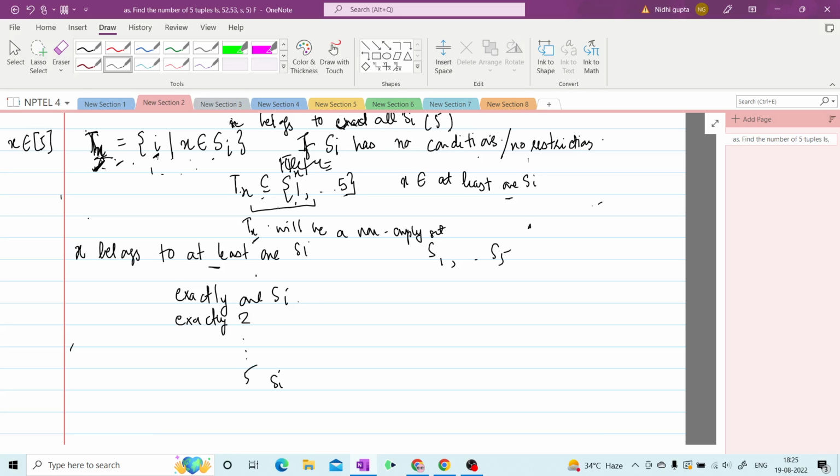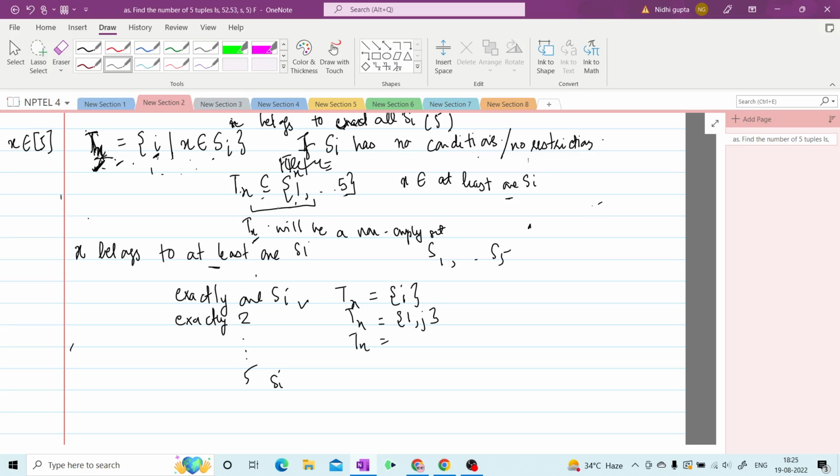If it is belonging to exactly one Si, then what is our Tx? Tx is basically i, that index. Now, if it is belonging to exactly two Si, say Si and Sj, then what is our Tx? i, comma, j. And if it is belonging to three Si's, say i, j, k, then what is our Tx?